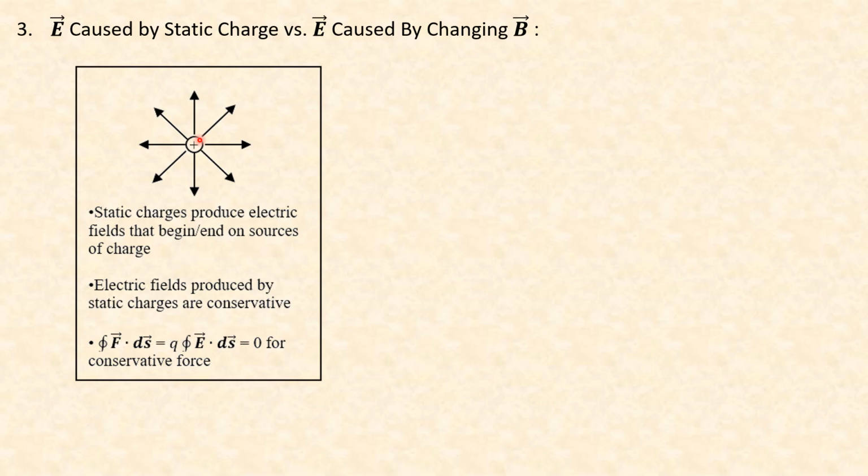And that's what made the force conservative. A way to quantitatively express this would be to say that the line integral, that is F dot ds, would have a value of 0 for the electrostatic force and the electric field, which are conservative.